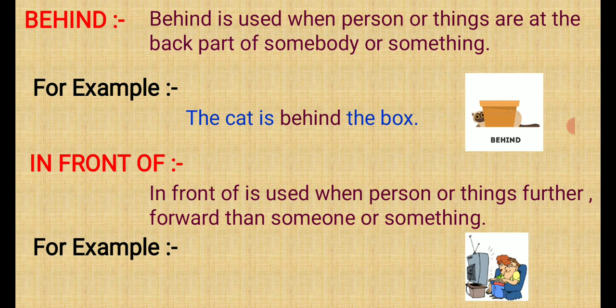We can say that the TV is in front of us, because the TV is on the opposite side of us, but both the persons and the objects are at the same level of face. Both persons and the TV are facing the same side. At that time we use in front of.